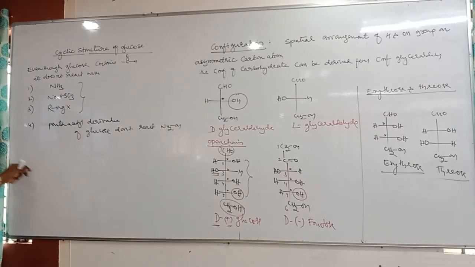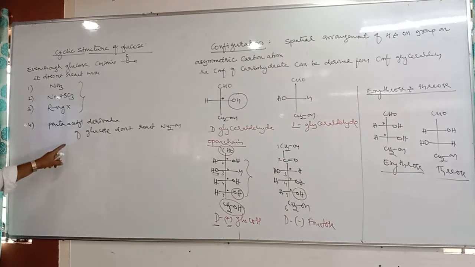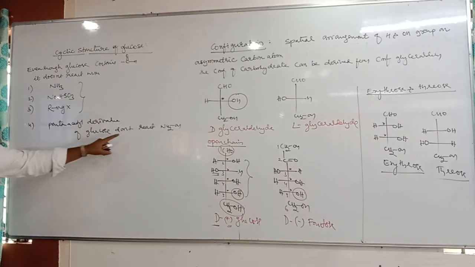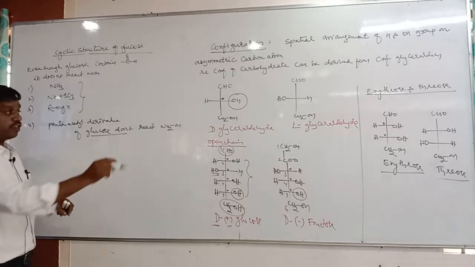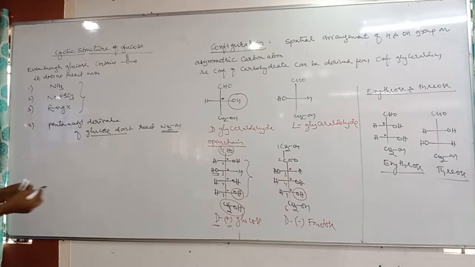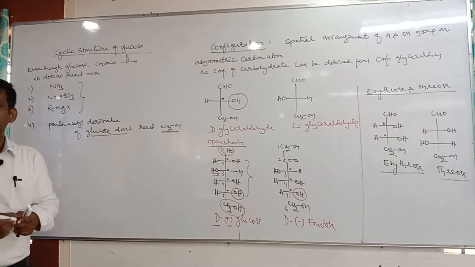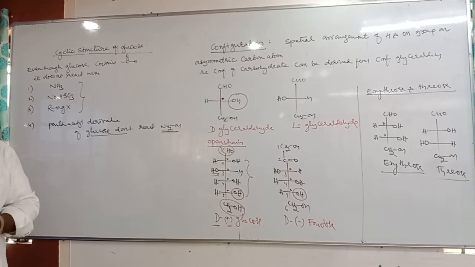Hydroxylamine. Usually aldehydes react with hydroxylamine, but it does not react with the penta-acetyl derivative. This penta-acetyl derivative of glucose, having an aldehyde group, even then does not react with NH2OH. So these four reactions show that glucose contains an aldehyde group, of course, but not in free form. Okay, it may be in another form.